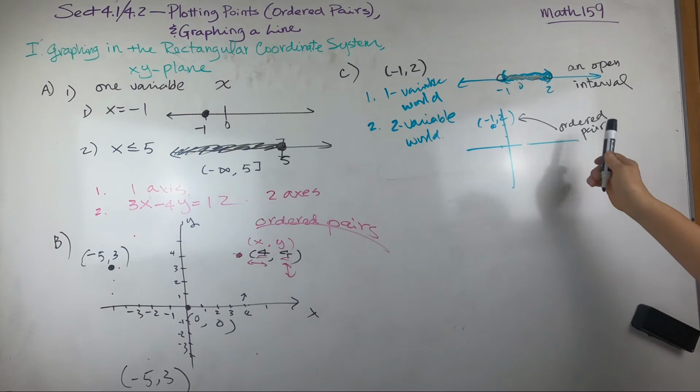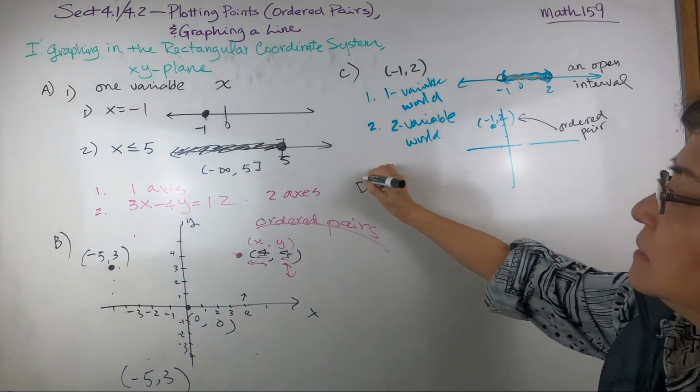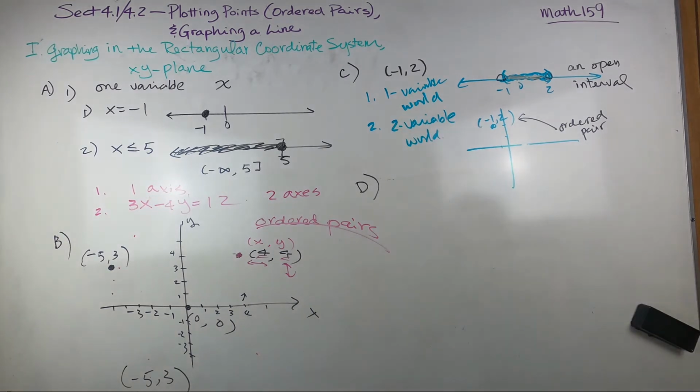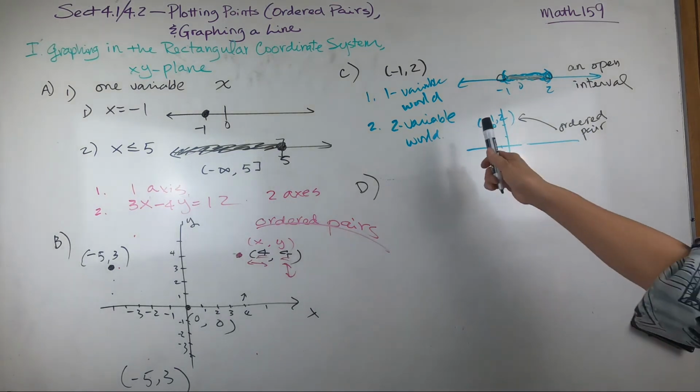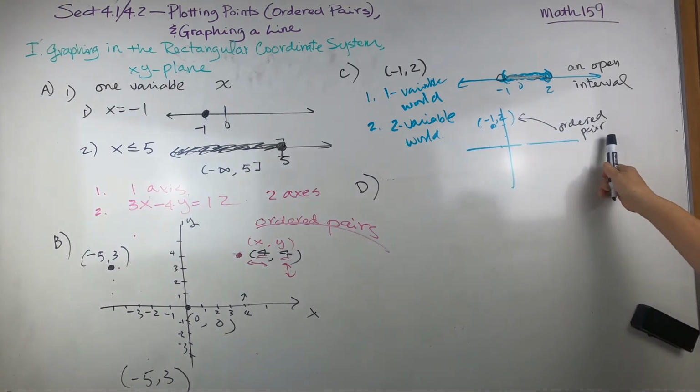But during the process, during the problem, you would be able to tell. Then we'll let you know as well. Okay? So now we are dealing with the 2 variable world, ordered pairs. That's what we are doing right now. Okay? To graph a line to get you ready for the stats.